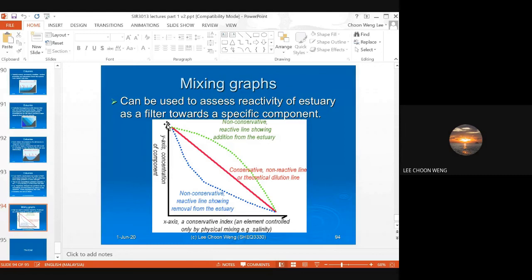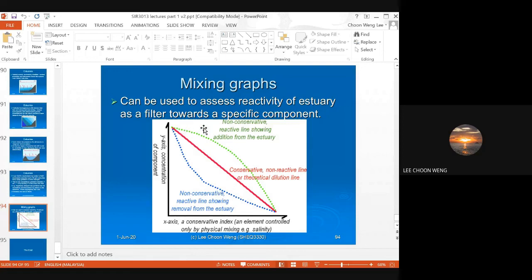However, if you see a curved graph like this, that means it is non-conservative. Your components are actually removed by the estuary.